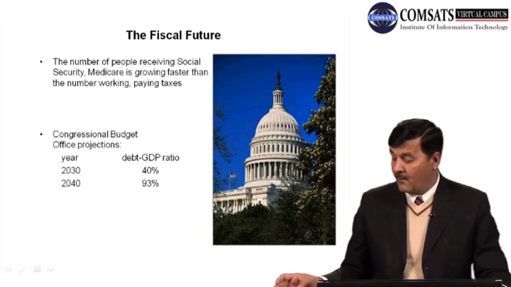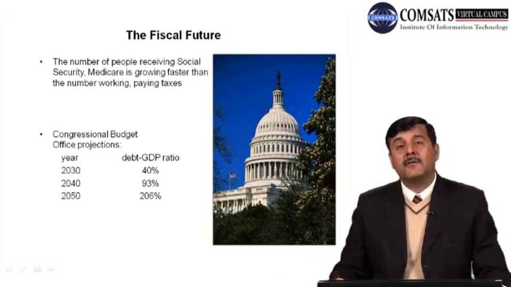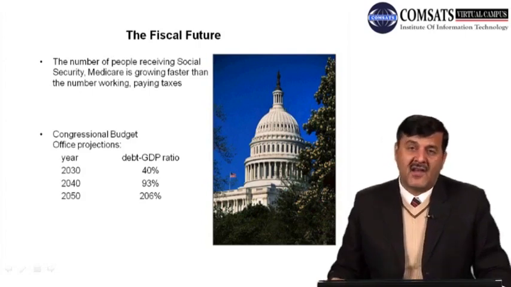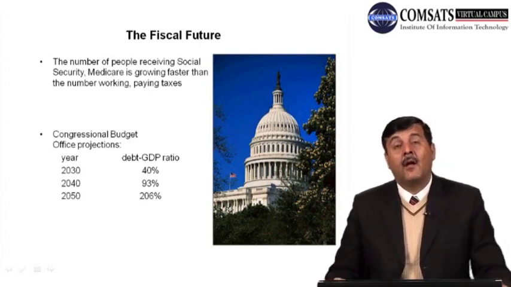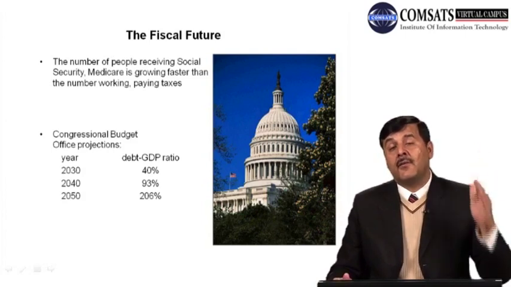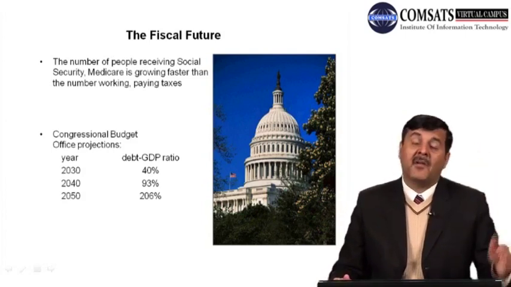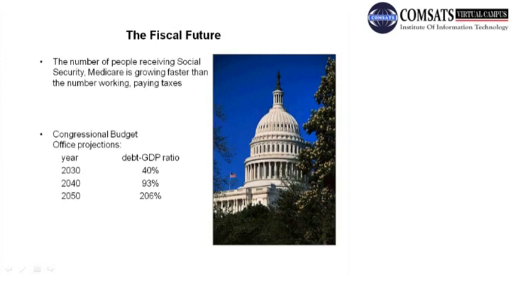That's very heavy. And if we talk about 2050, the projection is that the debt-GDP ratio will go up to 106%. Pretty high, right? So we discussed in the first part the state of affairs of the US government, the level of deficit, the level of the debt-GDP ratio, and the projections for the coming 30-40 years.